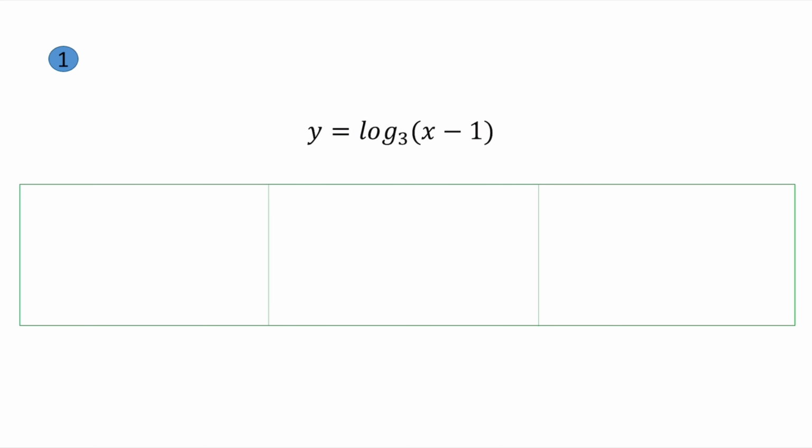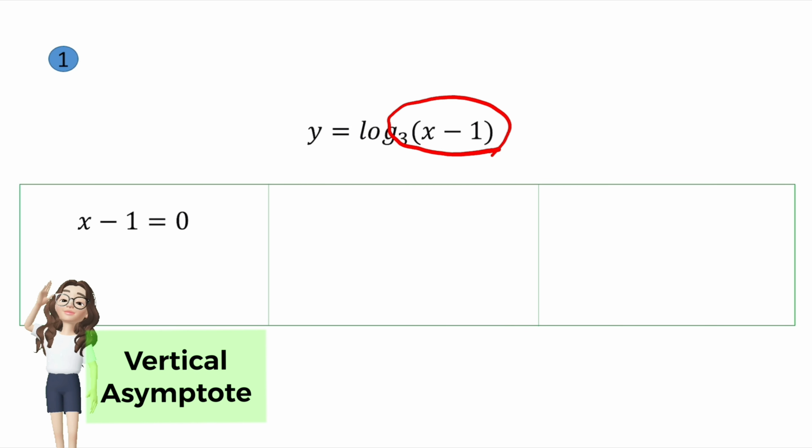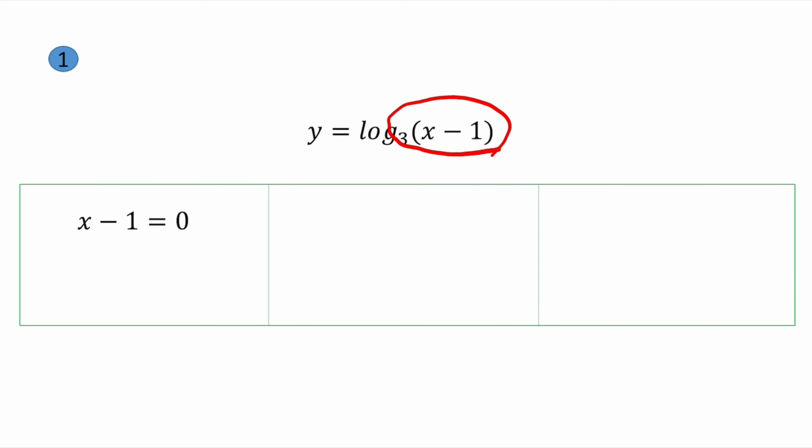First, we will equate our expression of the logarithm, which in our example is x minus 1, to 0 in order for us to locate where our vertical asymptote lies. Next, we will equate the expression of the logarithm to 1.